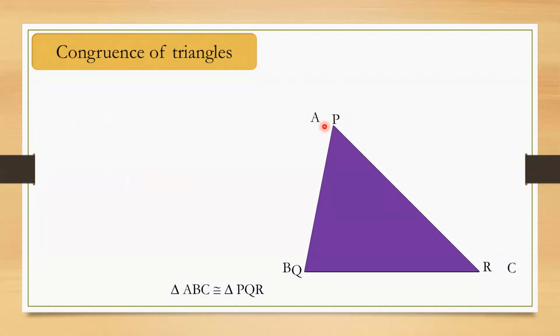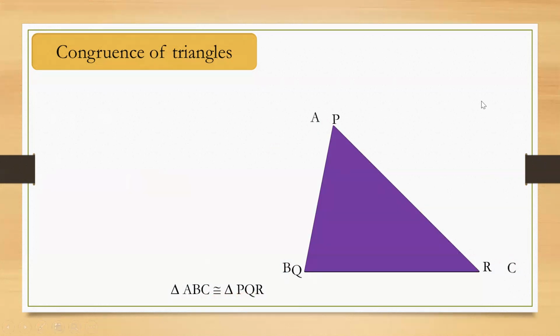Because this is one-to-one correspondence. So A matches point P. That's why if you first write A, you also have to first write P. And second, if I write B, I cannot write point R here. I have to write point Q because B exactly coincides with point Q. And third, if I write C, it exactly coincides with point R. So this is how we write the congruence of two triangles: triangle ABC is congruent to triangle PQR.